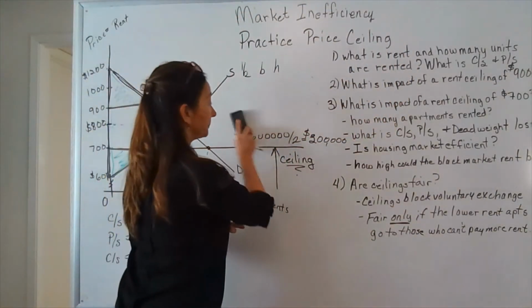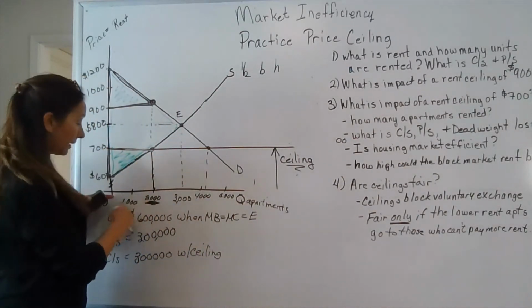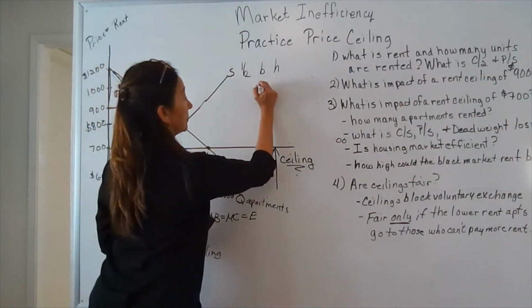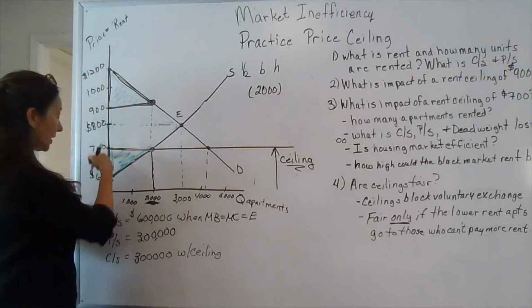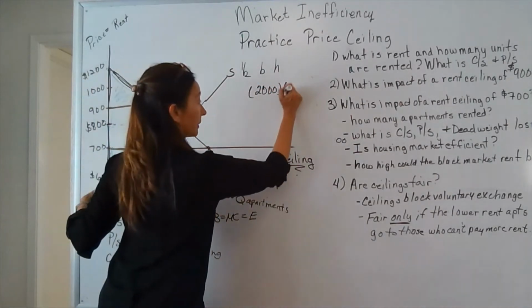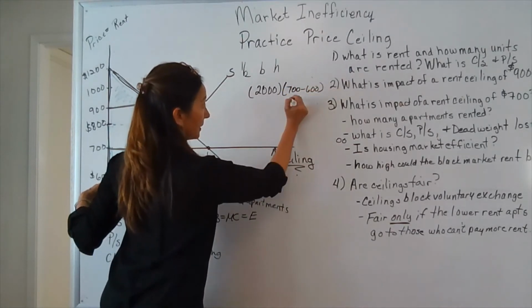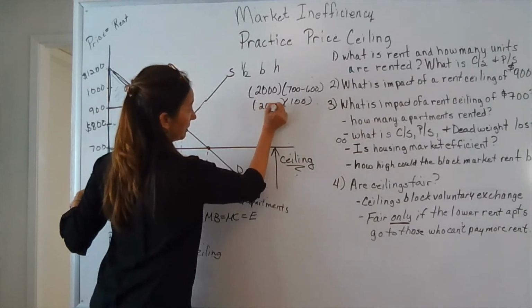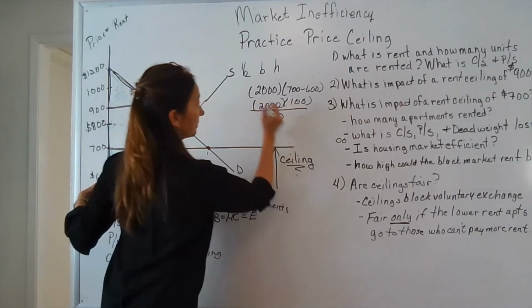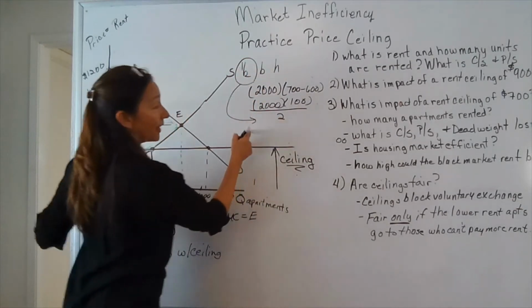So let's solve for our new producer surplus. Same formula. The base of this triangle is 2,000. The height is 700 minus 600. So that's going to give us 100 times 2,000. And we're going to divide that by 2. That's the 1/2, in case that's a question for you.